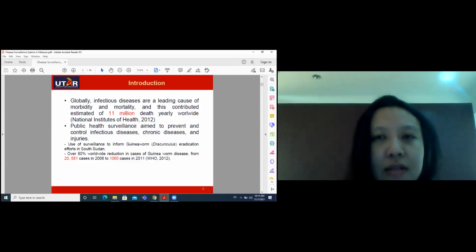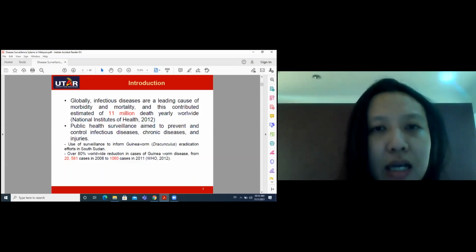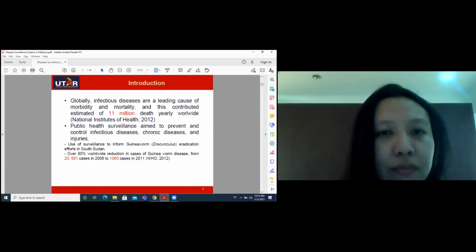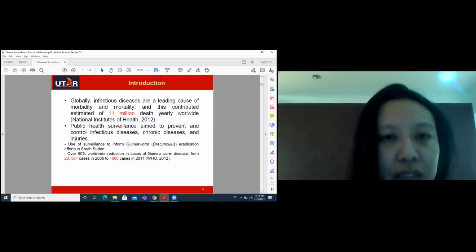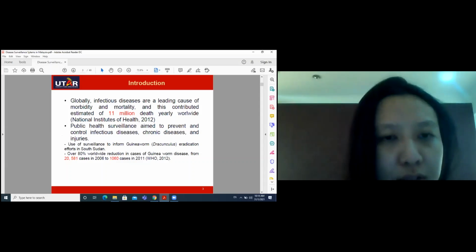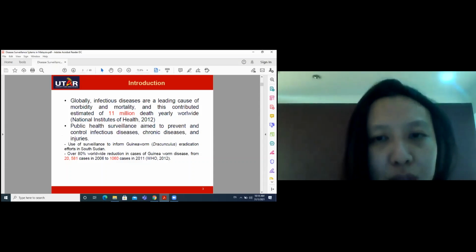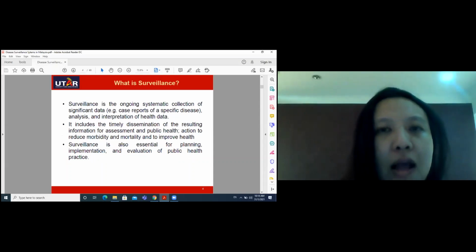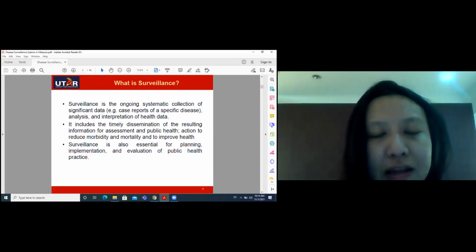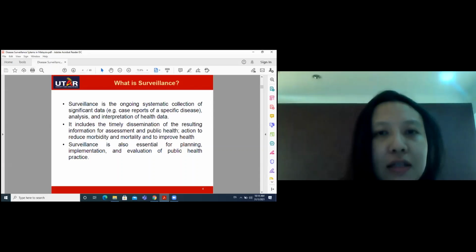Globally, infectious diseases are a leading cause of morbidity and mortality, contributing an estimated 11 million deaths yearly worldwide. The use of surveillance was introduced, for example, to inform the guinea worm disease program. So what is the meaning and definition of surveillance? Surveillance is the ongoing systematic collection of significant data based on case reports or medical reports.